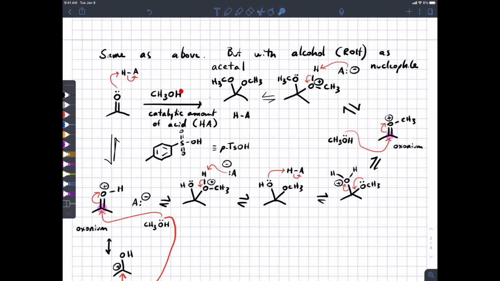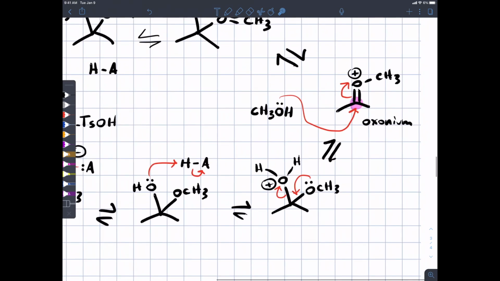If we're adding the alcohol to the carbonyl compound, then using an excess of the alcohol would favor the products. And in this case, usually we're using the alcohol as solvent, so that's going to help us. There's one other thing, and it's subtle because I didn't draw it as a product, but notice that in this step, we lose water.